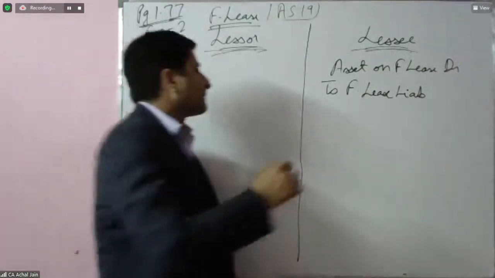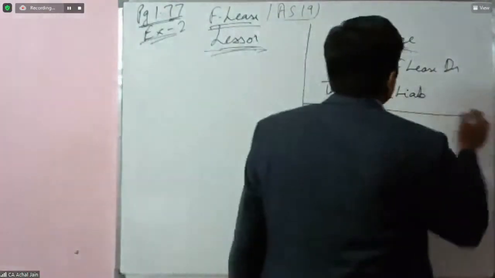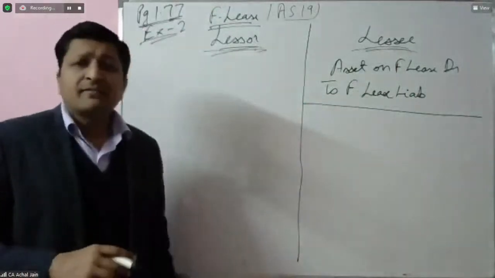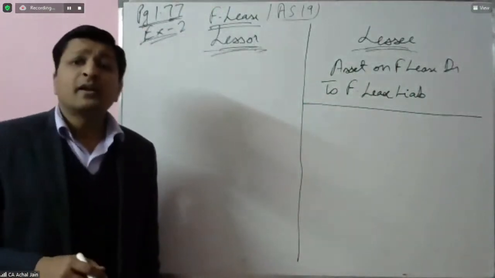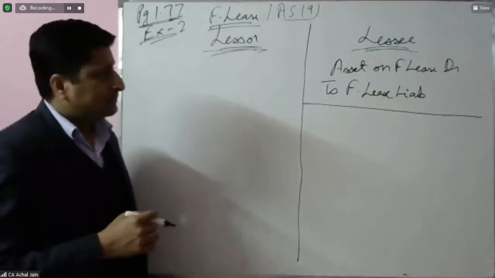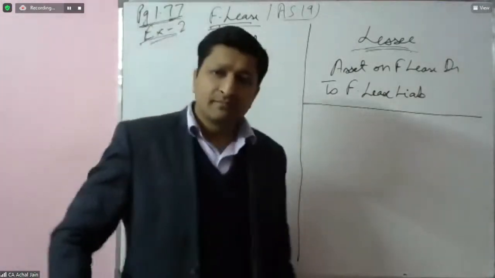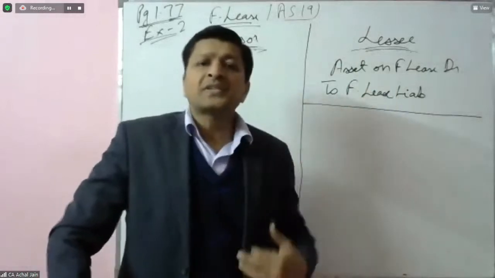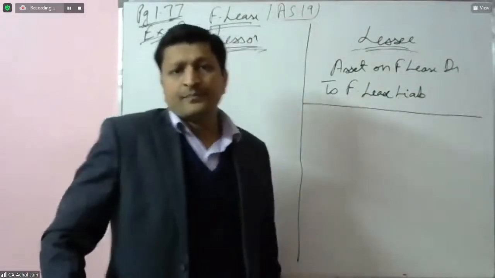Next, when this finance lease liability is recorded, it will be recorded at the present value of the MLP. So this amount will be recorded at the present value of MLP.